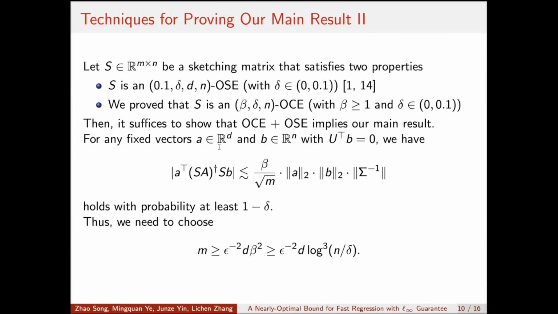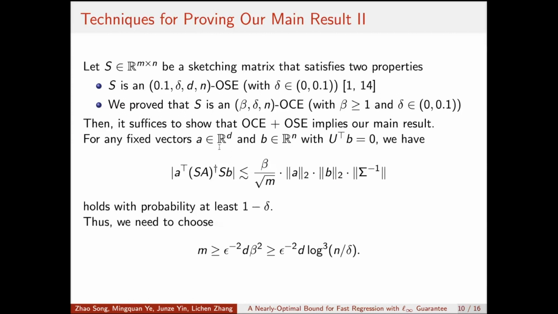Thus, it suffices to show that OCE and OSE combined together imply our main result. For any fixed vectors A and B satisfying U transpose times B equals 0, we can show the following equation.